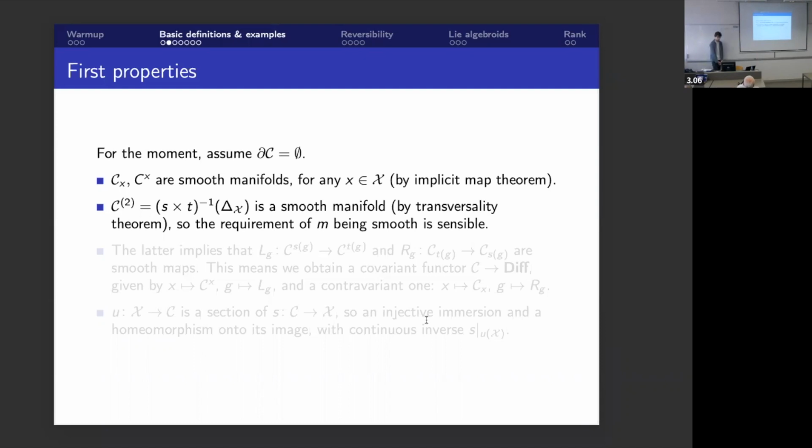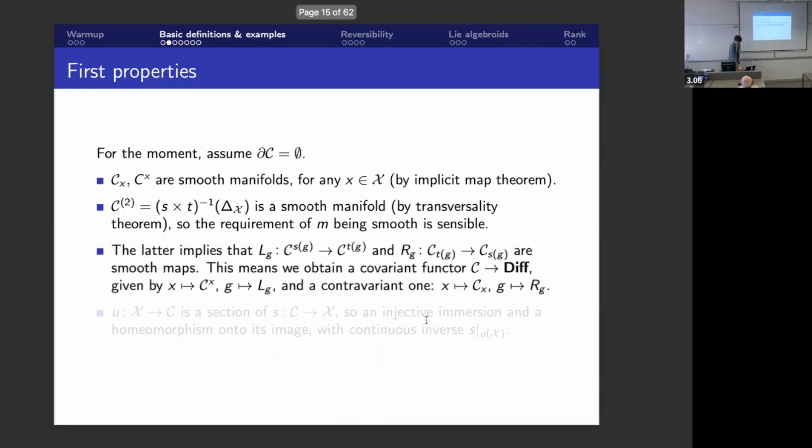So the requirement of composition being smooth is now sensible.